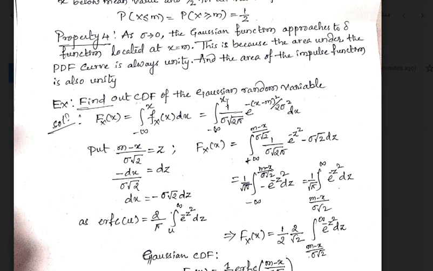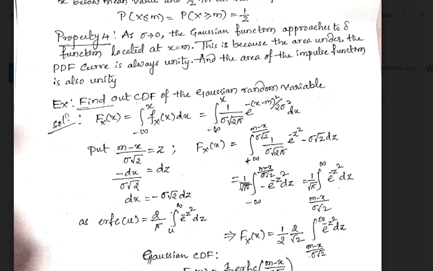And when x is equal to x itself, it is (m minus x) by sigma root of 2, and dx is equal to, when we differentiate this, minus dx by sigma root 2 is equal to dz, so dx is equal to this value we substituted here.